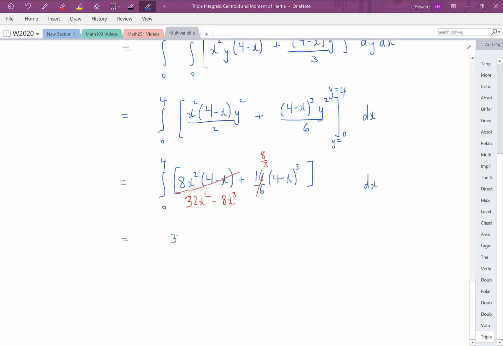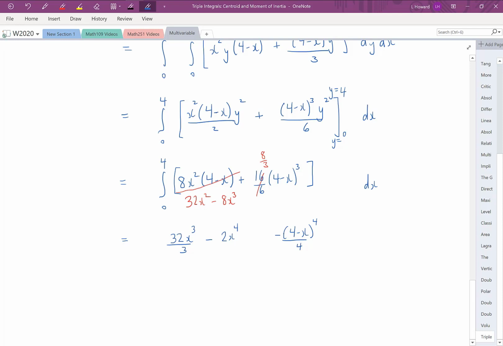Integrating with respect to x, 32x cubed over 3 minus, this is going to be 2x to the 4th. And then we're going to have, well, let's think about this, (4 minus x) to the 4th over 4. If you actually went through the details of the substitution, you'd get a minus sign coming up. That is because if you let u equal 4 minus x, your du would actually be minus dx.